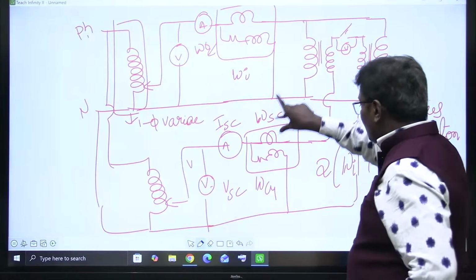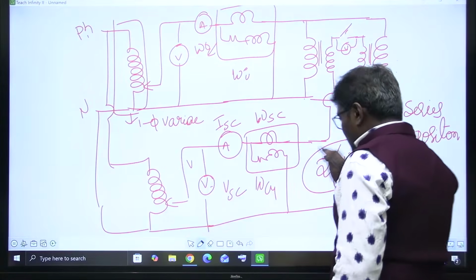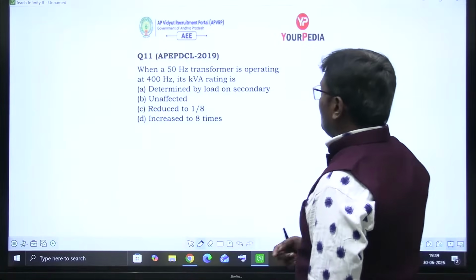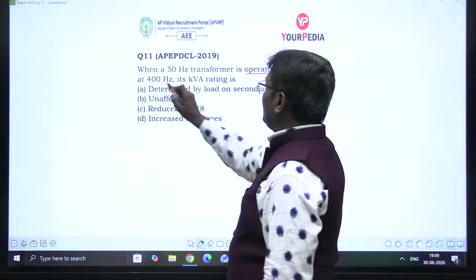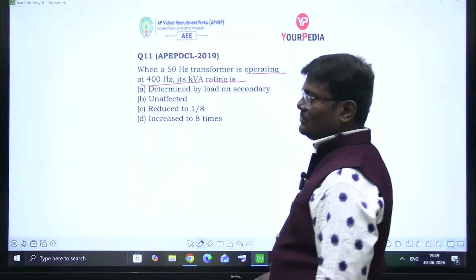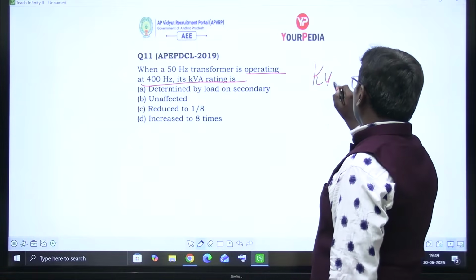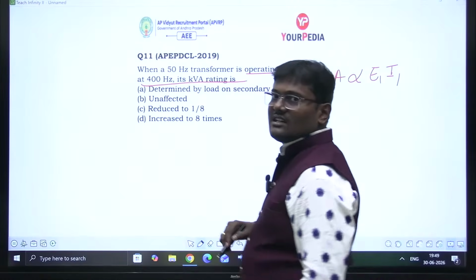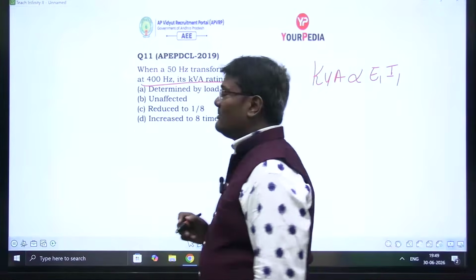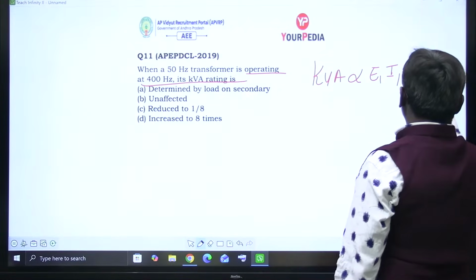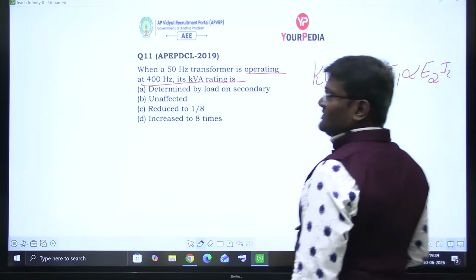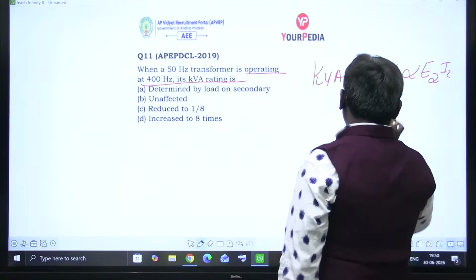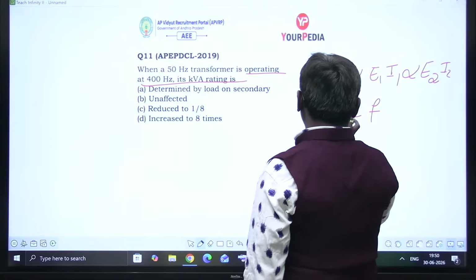Based on this concept, you have one more question. When a 50 Hz transformer is operating at 400 Hz, its KVA rating, you know, is directly proportional to E1 I1, or E2 I2. But E is directly proportional to frequency. So KVA is directly proportional to frequency.